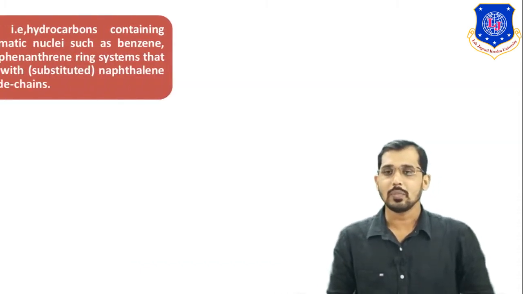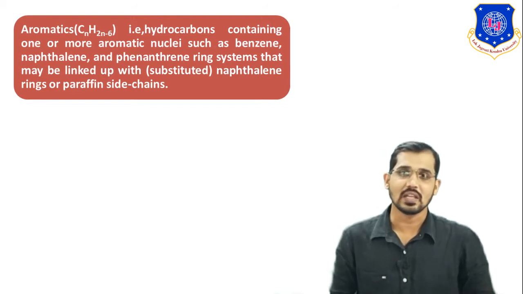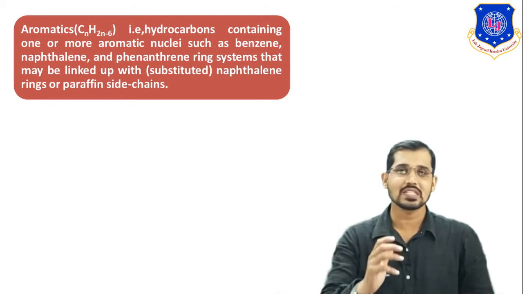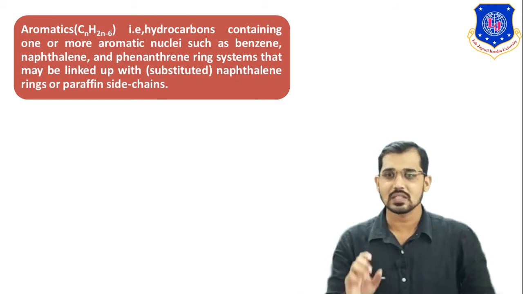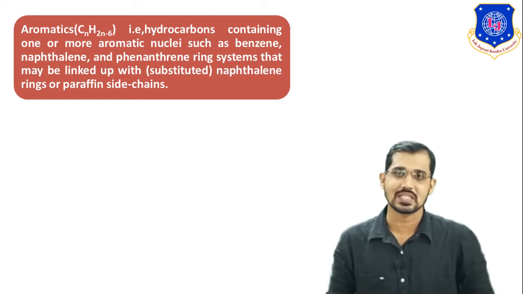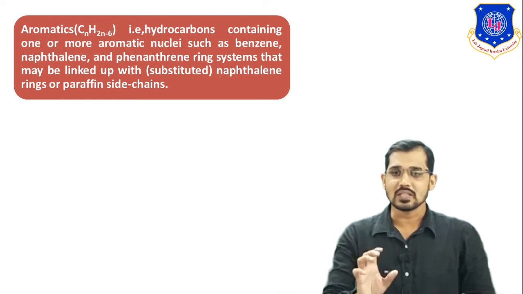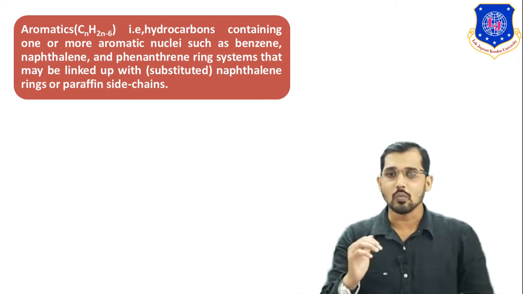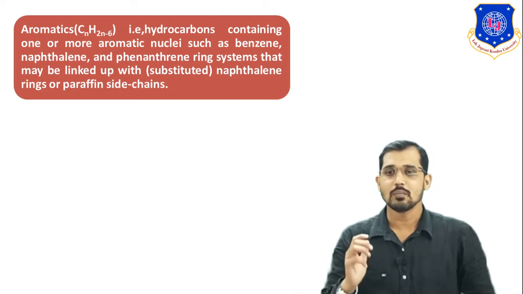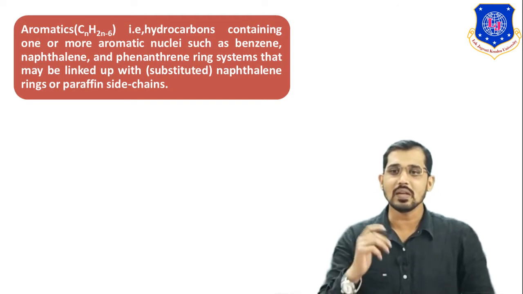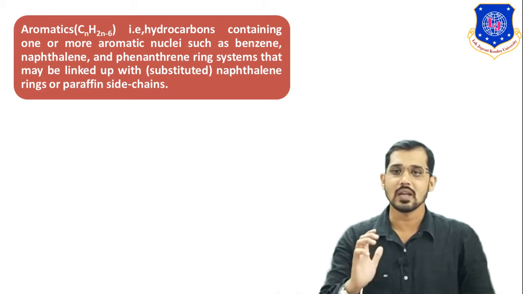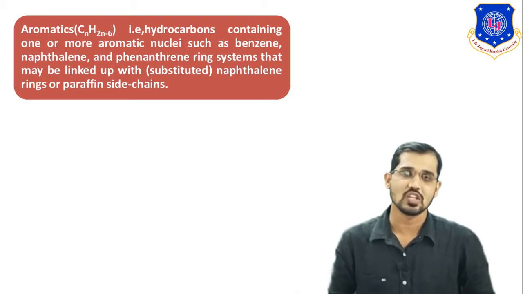After that, the next type is aromatics. Now aromatics means there is a presence of rings. So you can see the general formula for the aromatics is CnH2n-6. This means hydrocarbons containing one or more aromatic nuclei such as benzene, naphthalene and phenanthrene ring systems that may be linked up with substituted naphthalene rings or paraffin side chains.